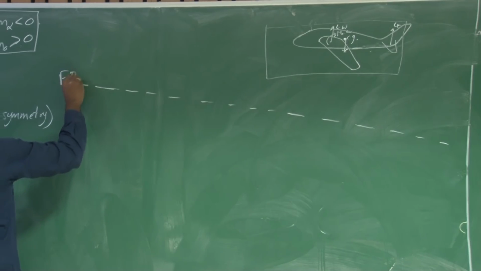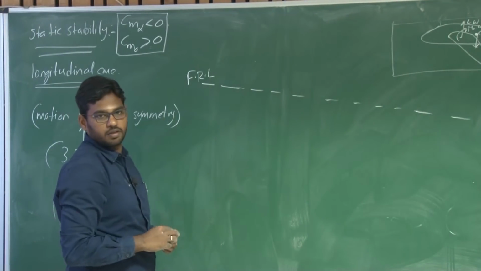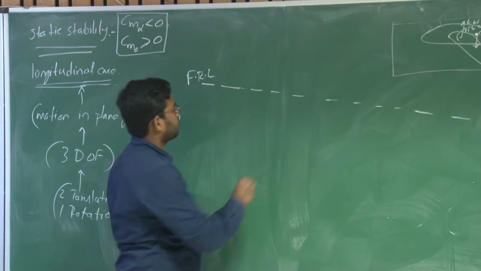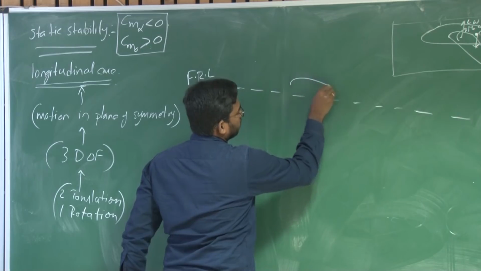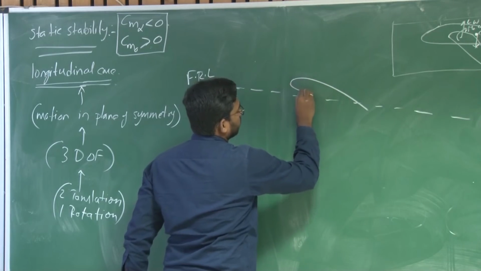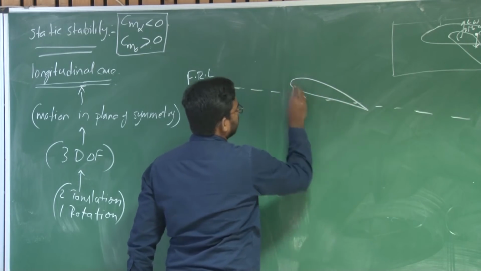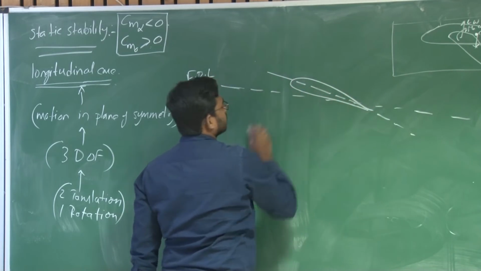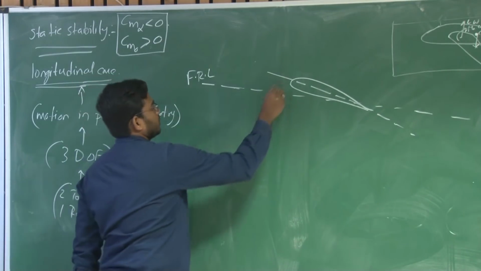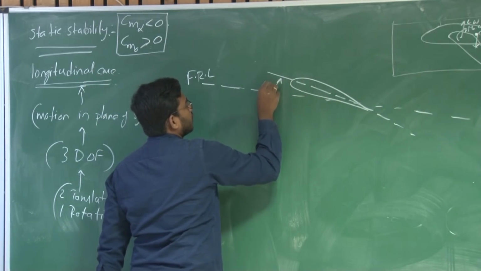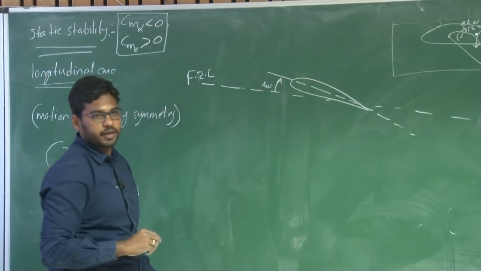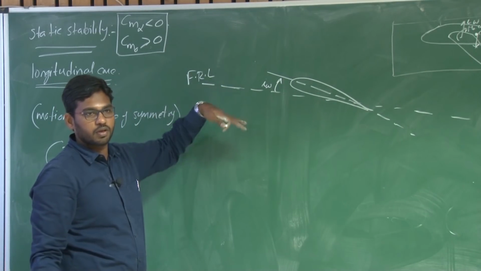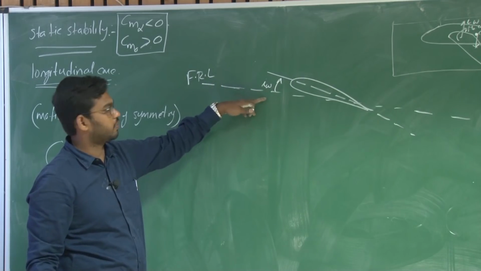Now, let us assume this as the fuselage reference line, FRL. In some cases you also encounter I of W, the inclination of the wing with respect to the fuselage reference line, the wing setting angle.